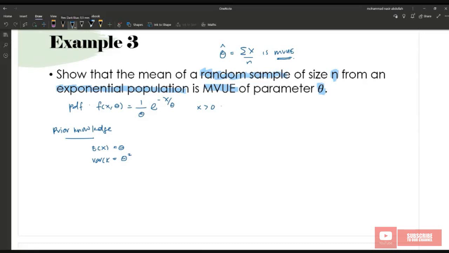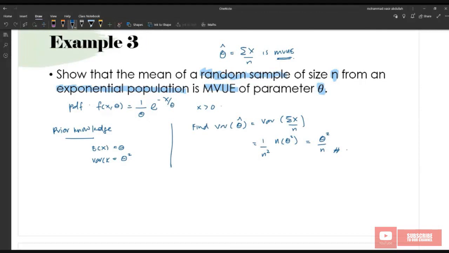So we need to find the variance of theta hat. The variance of theta hat is variance of summation of x over n. So this one should be 1 over n squared, n multiplied with theta squared, which is equal to theta squared over n, right?